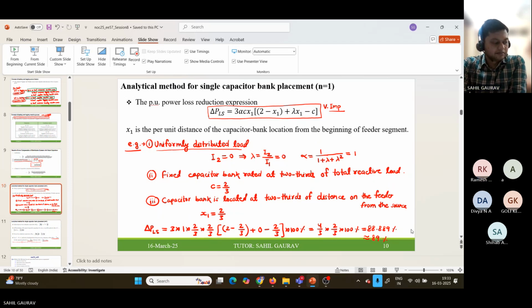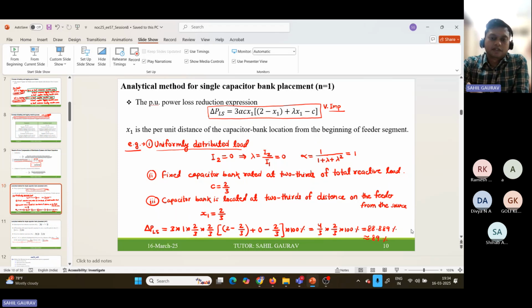Any other answer? Why will it change? If the capacitor bank location is increased, then power loss will be increased because it is directly proportional.